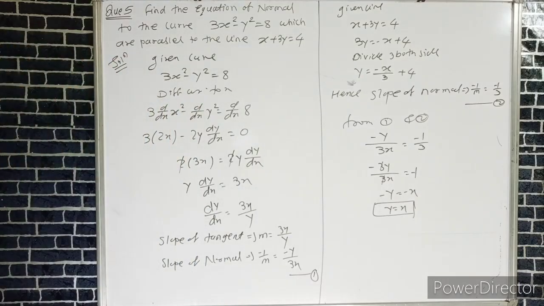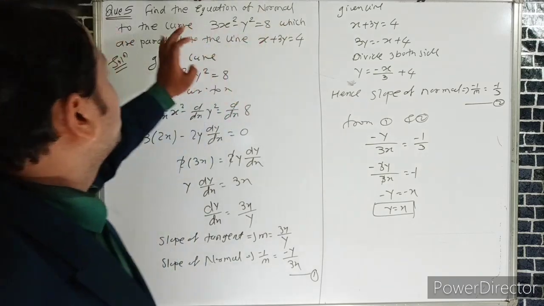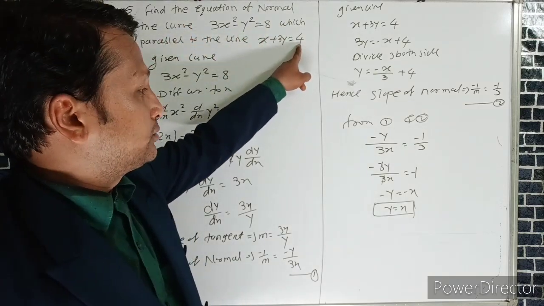Here we have to find the equation of normal to the curve 3x square minus y square is equal to 8, which is parallel to the line x plus 3y is equal to 4.